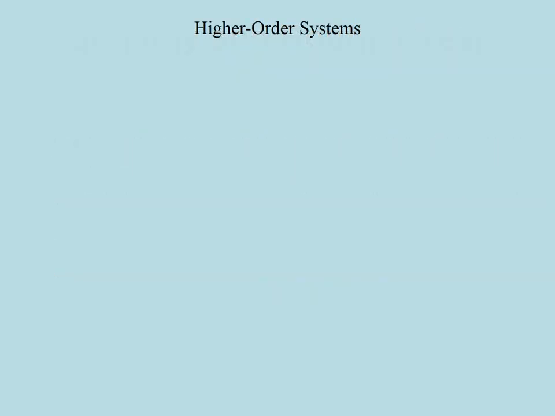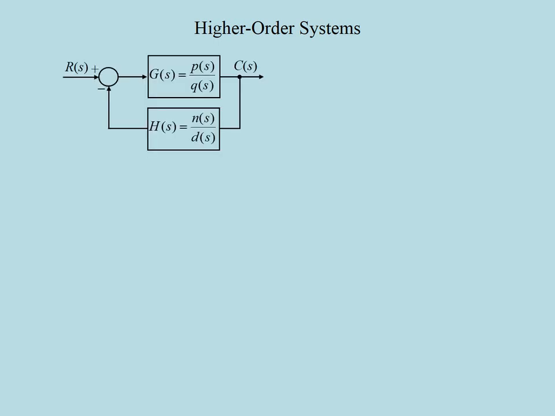In order to study stability for linear time invariant systems in general, let us first generalize our findings about second-order systems to higher-order systems. Here is a basic feedback configuration. Note that both the feed-forward transfer function G(s) and the feedback transfer function H(s) are real rational functions.